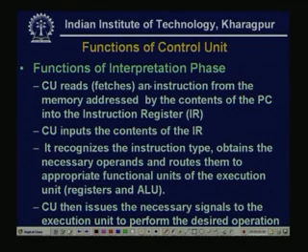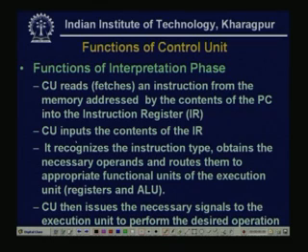The control unit reads or fetches an instruction from the memory, addressed by the contents of the program counter, into the instruction register. As we have already read in the last class, the current address is always the content of the program counter. So, the control unit first fetches the instruction from the address specified by the program counter.